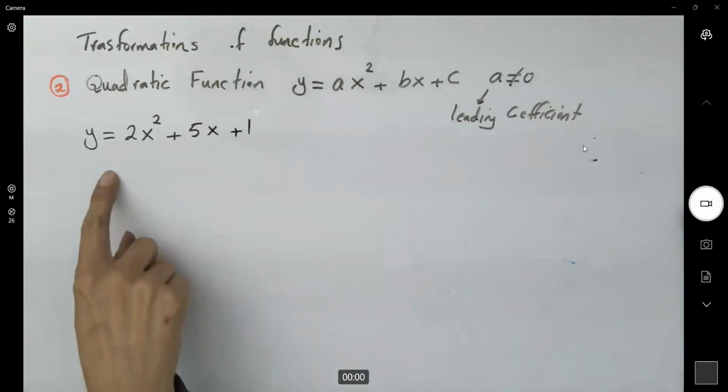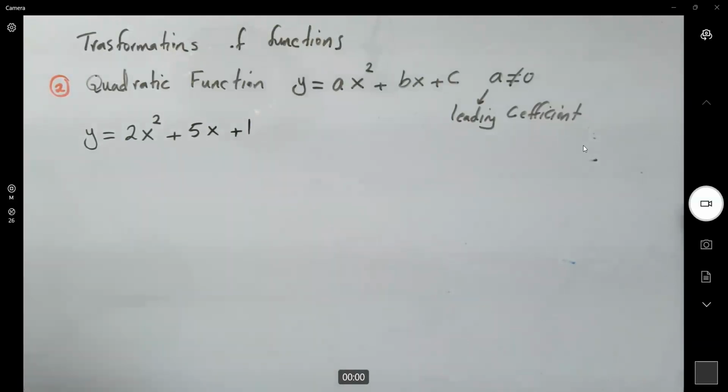First of all, I want to graph this function.